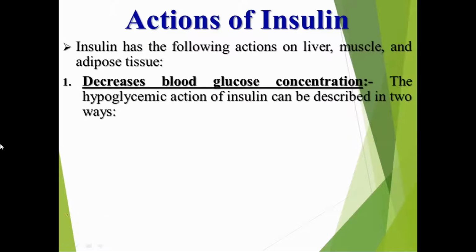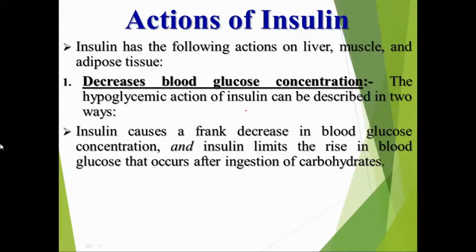What are those? Decreases blood glucose concentration. The hypoglycemic action of insulin can be described in two ways. It causes a frank decrease in blood glucose concentration, and insulin limits the rise in blood glucose that occurs after ingestion of carbohydrates. So suppose a condition when insulin is not there. What will happen?